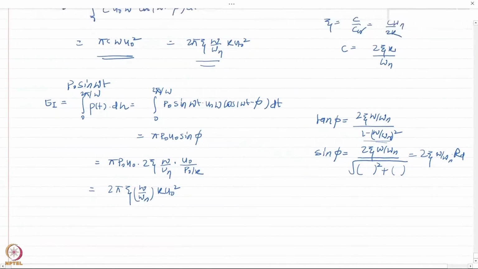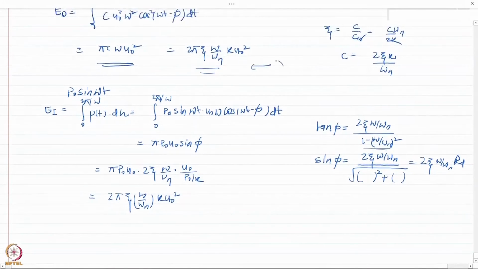Now compare this expression to the expression we got earlier. The energy dissipated in viscous damping over a cycle is the same as the energy that you are inputting into the system. So what does it mean? When steady state is achieved during the forced harmonic response of a damped system, whatever energy is dissipated in the viscous damping is actually the energy being input into the system.